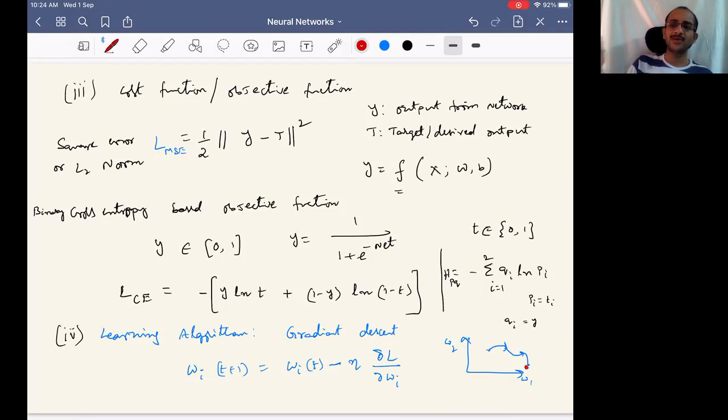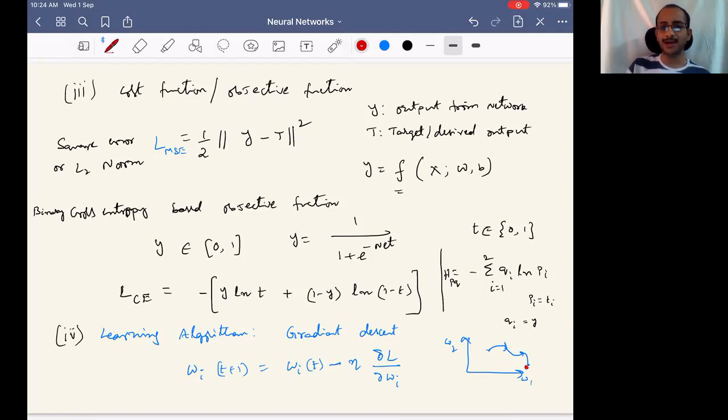Such small minima are referred to as local minima. I may get stuck at local minima or I may go to global minima. That depends upon what? Initialization of weights. Very good. Initialization of weights.